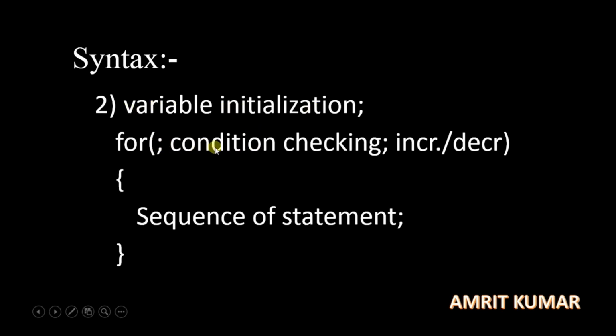After that, you write the condition checking and a semicolon again, then increment or decrement. We have talked about the increment and decrement operators in the later section on increment and decrement operator topics.